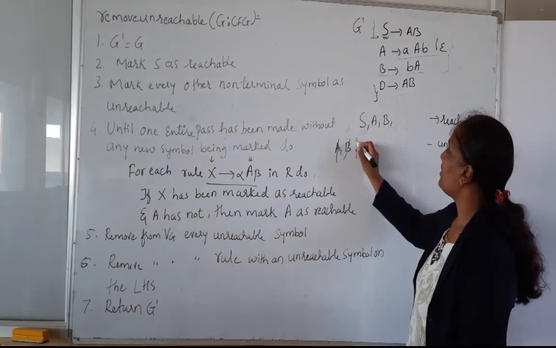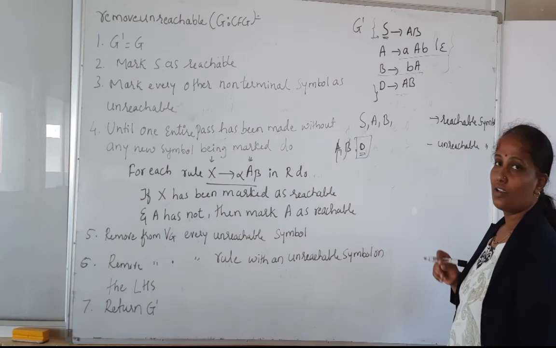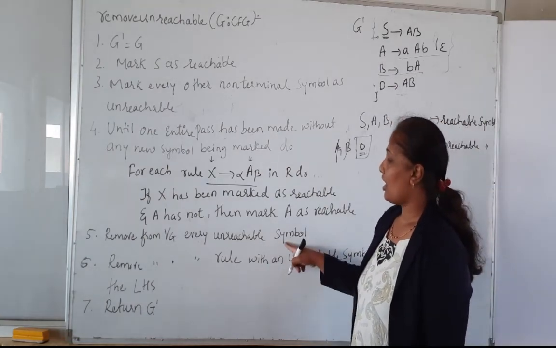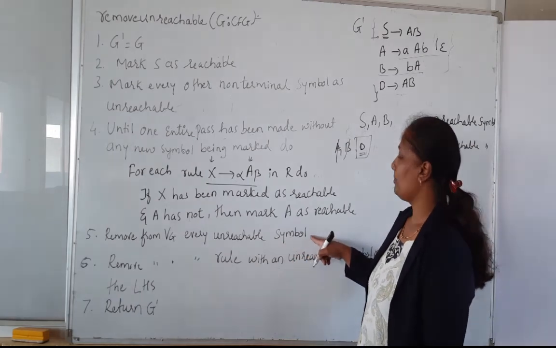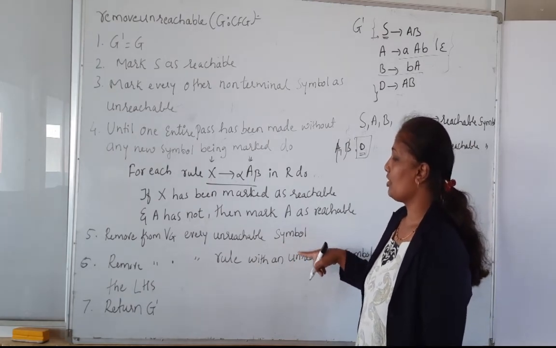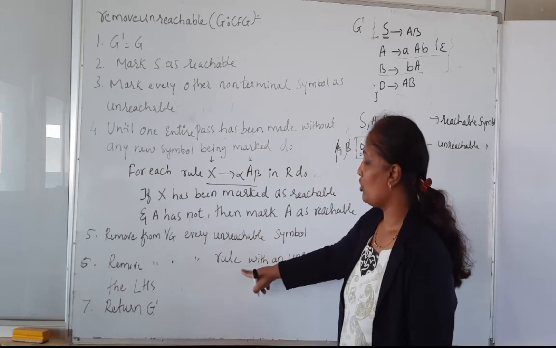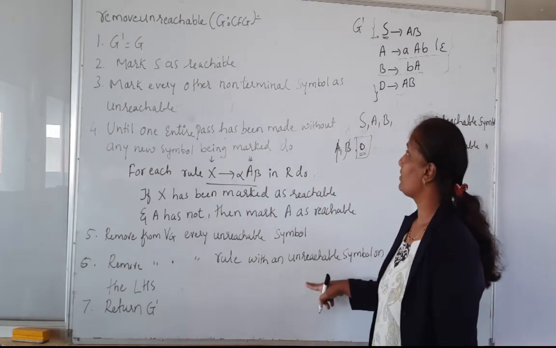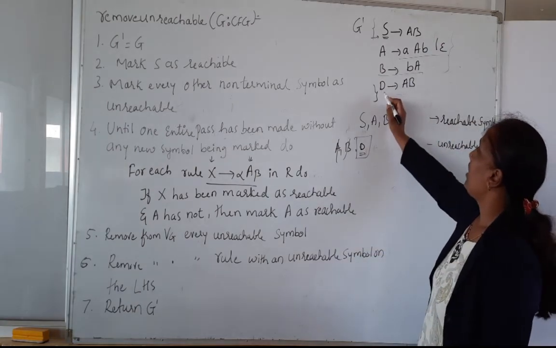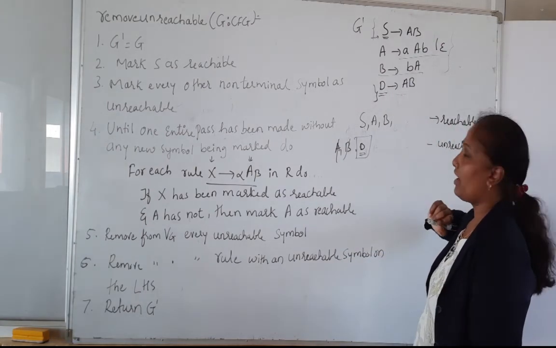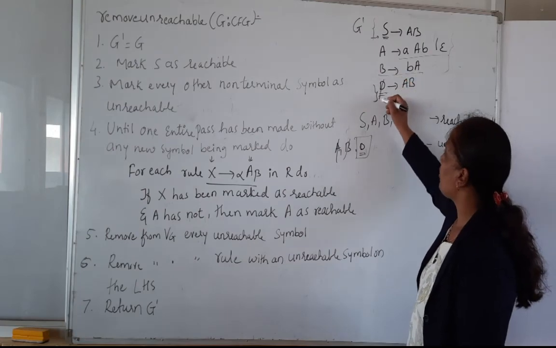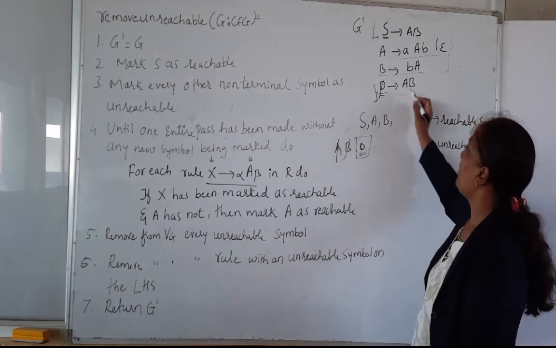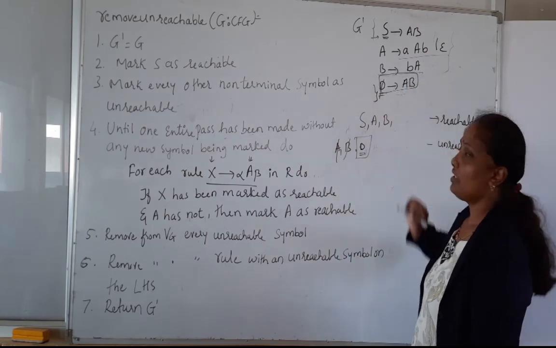So I am going to mark D as an unreachable symbol. According to steps 5 and 6, I am going to remove that symbol from the grammar G dash, and remove the rule with an unreachable symbol on the LHS. So I marked D as an unreachable symbol, so I remove it from the variable list of the grammar and its rule from the grammar.